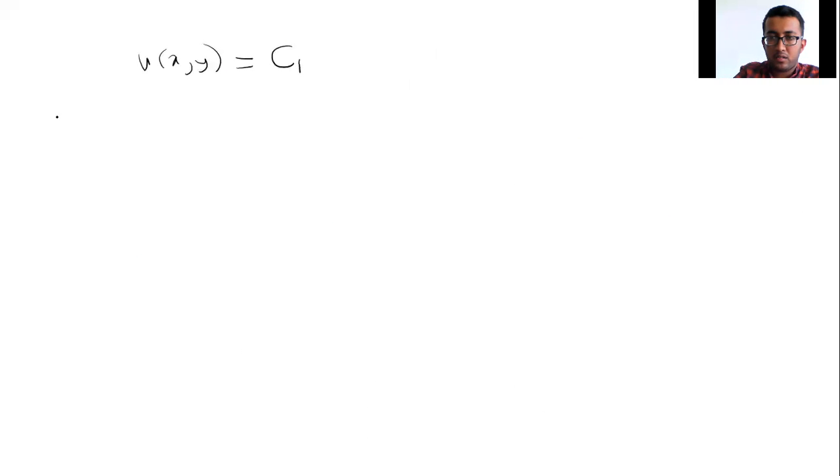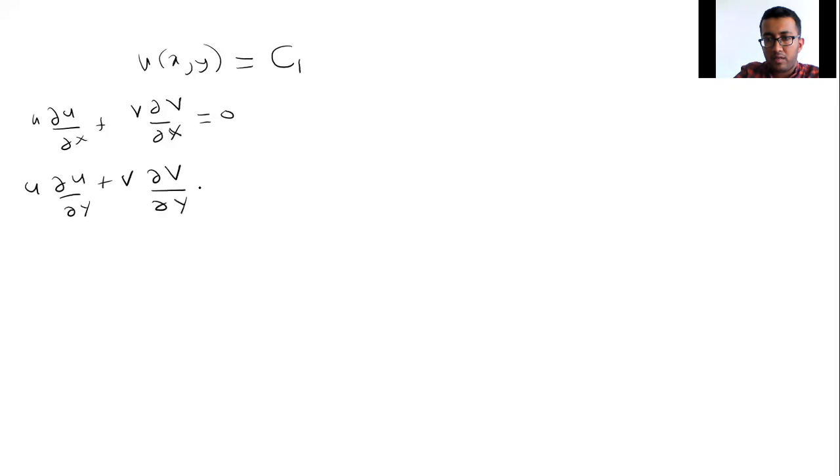So I know that u into ∂w/∂x plus v into ∂w/∂y equals 0, and also u into ∂w/∂y plus v into ∂w/∂x equals 0.